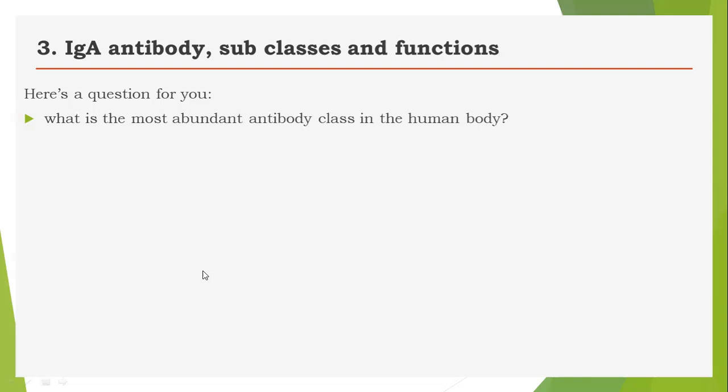Okay, so this is a very good question that we always bring in one way or the other. In the previous slide, I mentioned that the most abundant antibody in blood was IgG. Okay, let's go further. No, it's not IgG. IgG is not the most abundant immunoglobulin in the body. I mentioned that it is the most abundant immunoglobulin in blood.